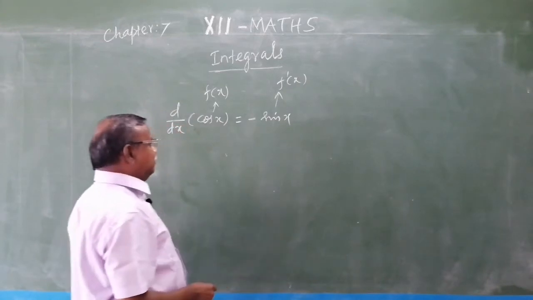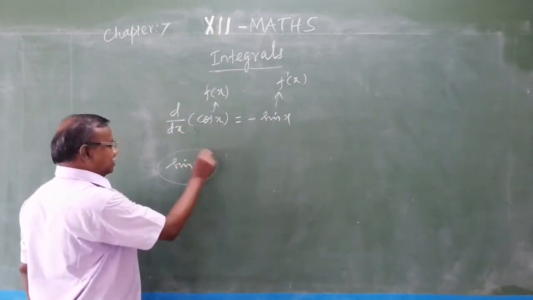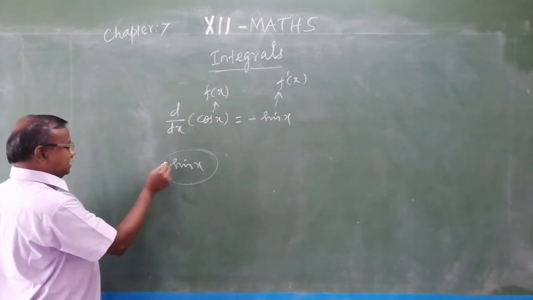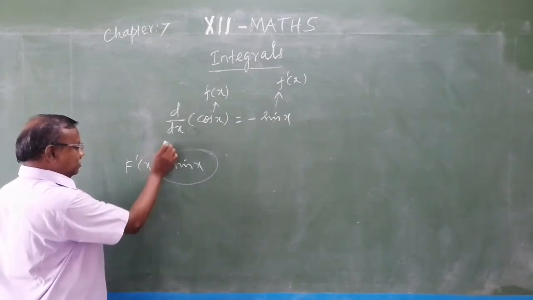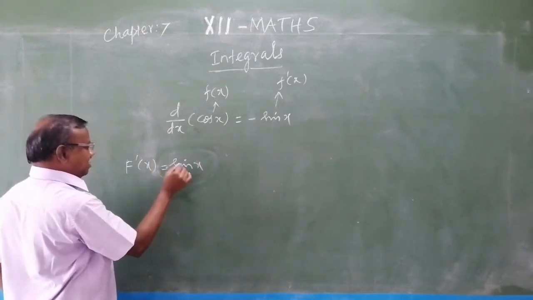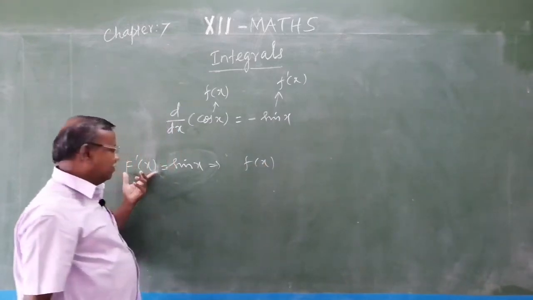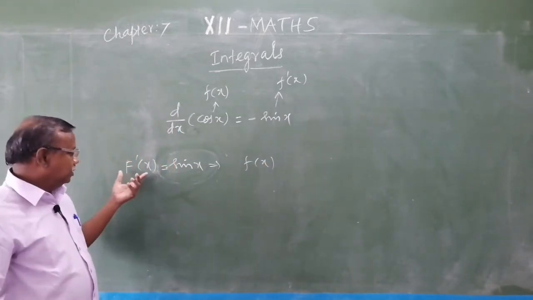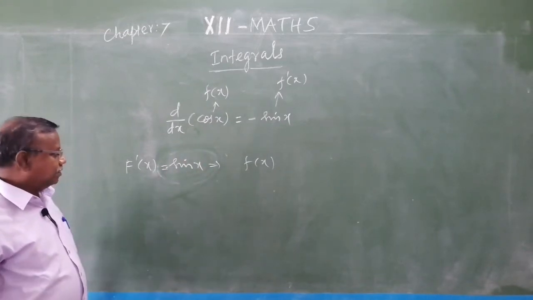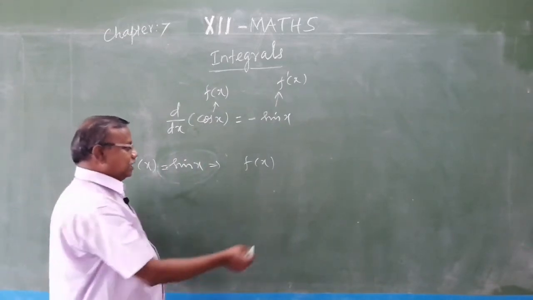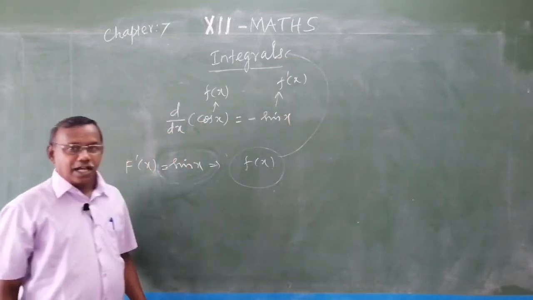But if you are given sin x, what will be the function if it is considered as a derivative, that is, f dash of x equal to sin x, what will be the f of x? That is antiderivative. So, for every derivative there exists a function that is called antiderivative, that is nothing but integration. So, integral calculus is antiderivative.